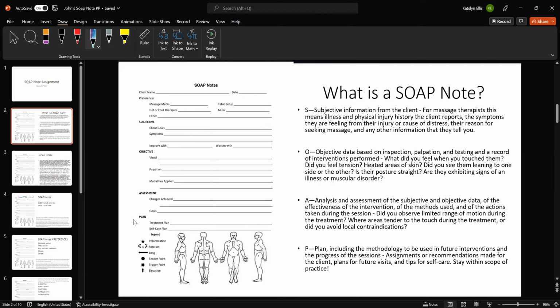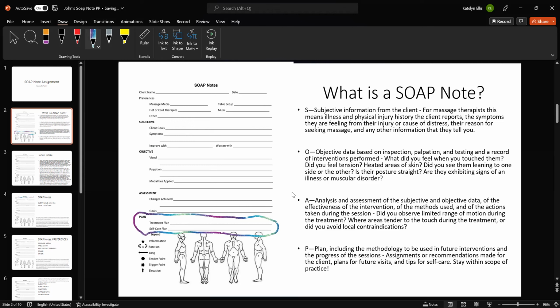Do you want to give them any recommendations for stretching or changing things that they do throughout the day? These are all things that you would put here in the treatment plan. Those are what you plan to do in the future. I plan to see them once a month or once a week or twice a month.